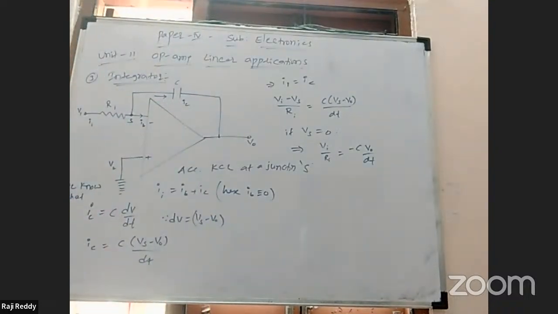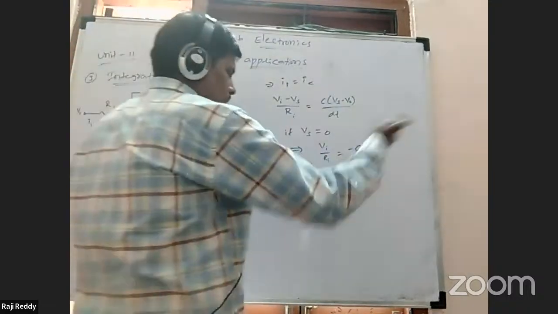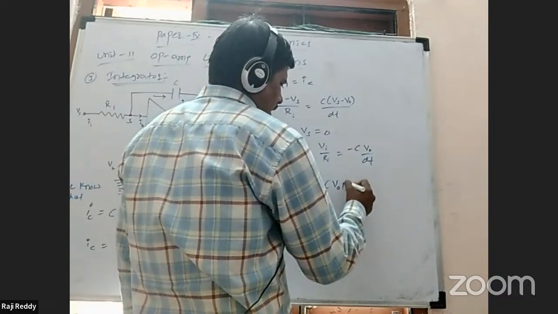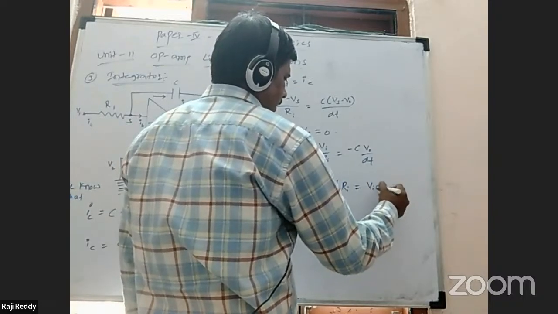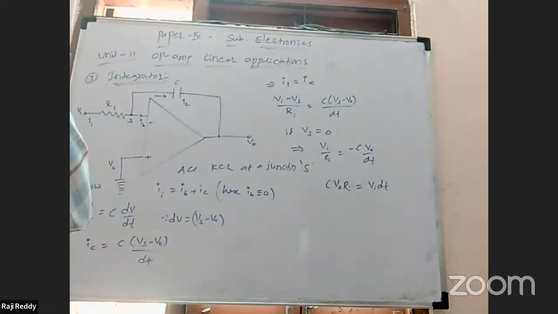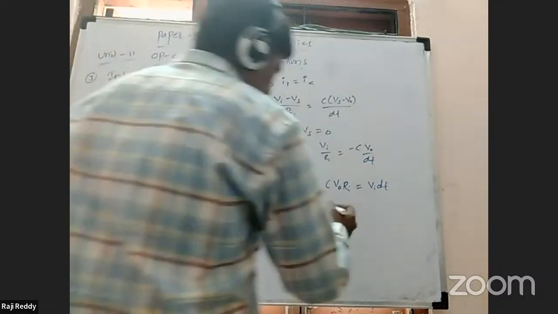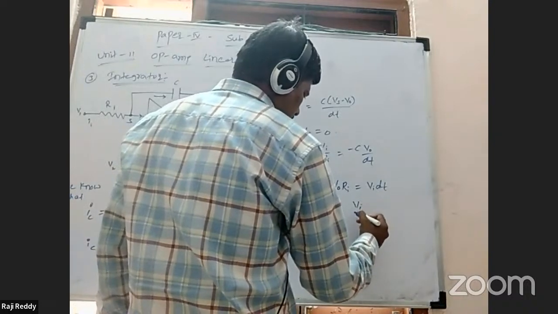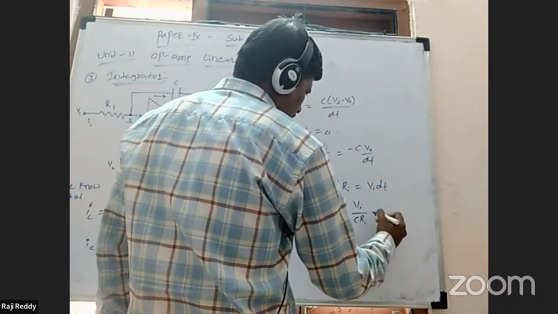From that we have to calculate V naught in terms of R, C and Vi. Do cross multiplication. C dV naught Ri is equal to Vi into dt. We have to calculate V naught only. V naught is equal to Vi by C into Ri into dt.